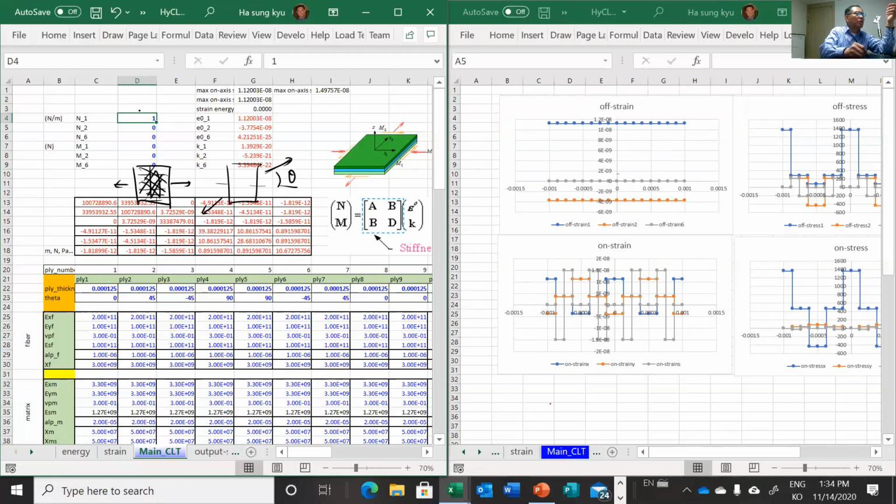So this load, this is the N1, and this is the N2. Then we need to decompose this load to here and there.